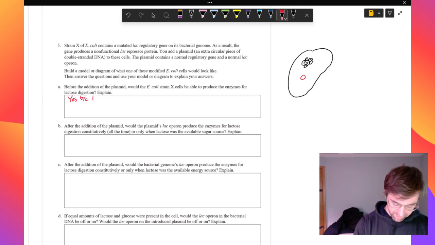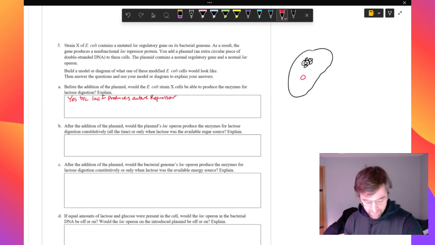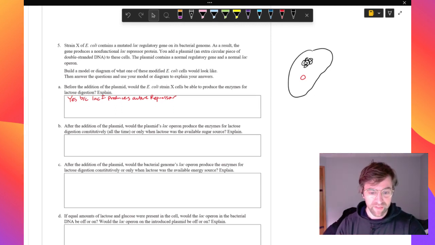Yes, because lacI produces active repressor. And it's only when lactose shows up that the repressor is inactivated. So the repressor protein inhibits production of these genes for lactose digestion, and in this case, this gene is mutated so that it cannot produce the repressor protein. Yes, before the addition of the plasmid.